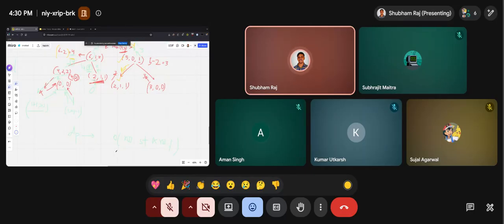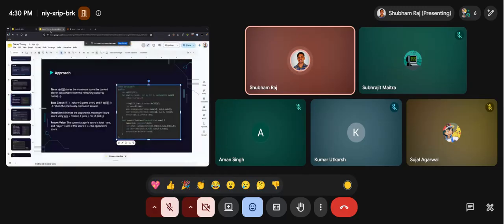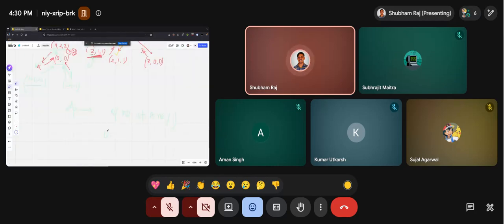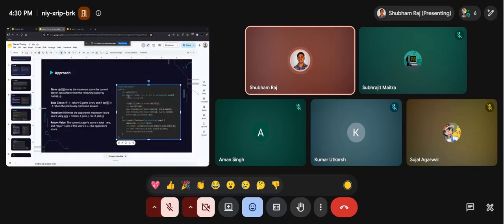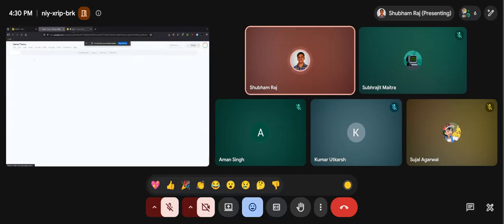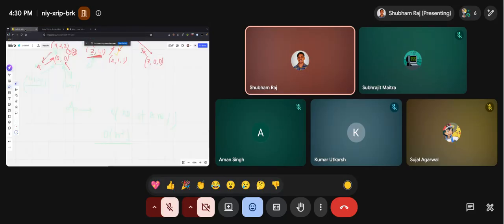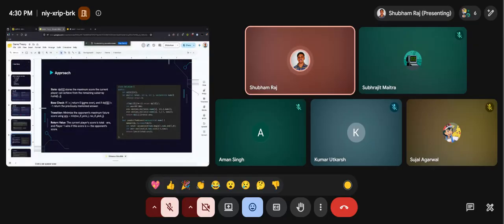So for this question, there are two states, and the transition is constant because we are picking from the two, either extreme left or extreme right. So the time complexity will be O of n square. For the given constraints, it will easily pass, right? And we use the DP array for storing the states. So it will reduce the time complexity from exponential to the polynomial one, that is O n square. So this is about the first question.